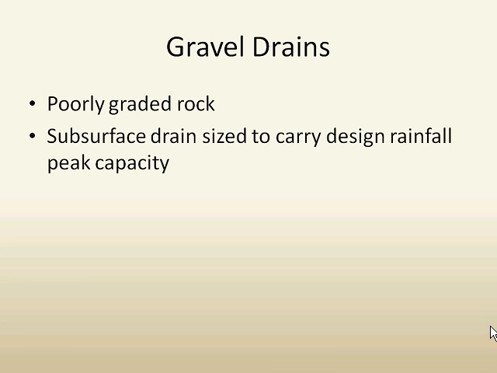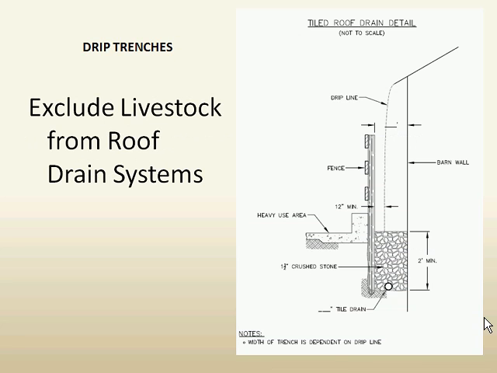Poorly graded gravel. You want to size the subsurface drain to carry the design rainfall at the peak rate. Same as you designed for the gutter capacity, you're going to make sure that your gravel drain can carry that same capacity.